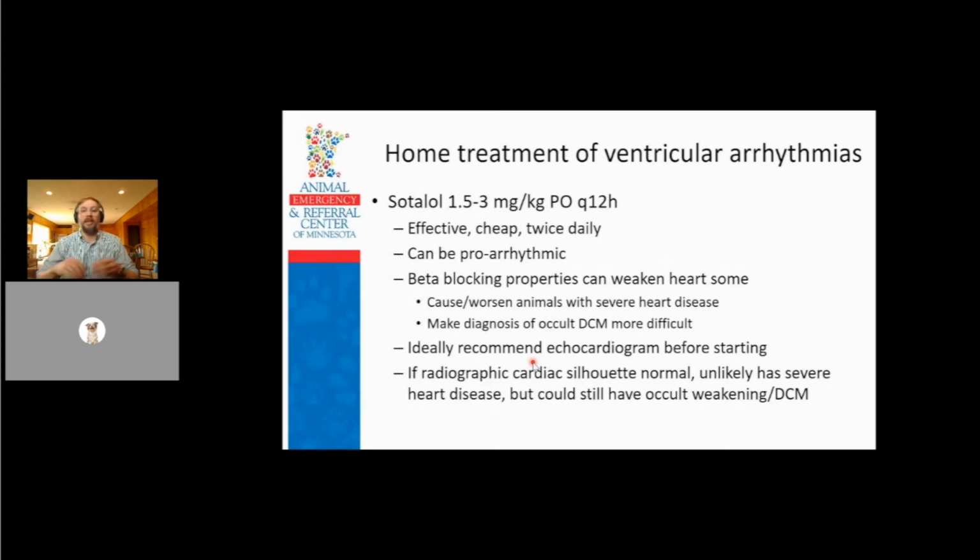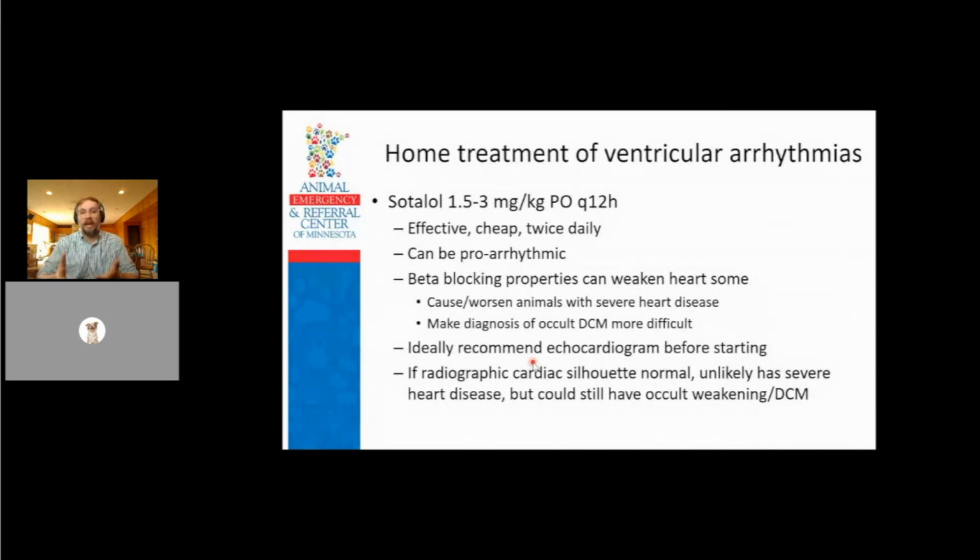DCM starts out by heart weakening, which then you get secondary dilation. So if we start sotalol and then we echo later and we see a weak heart, it may make diagnosis a little more tricky, but sometimes that's an academic issue rather than the patient's still alive issue.